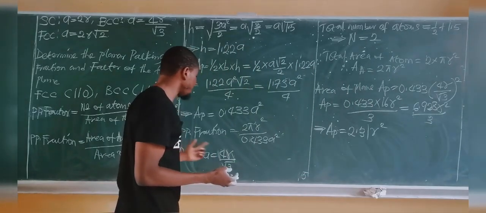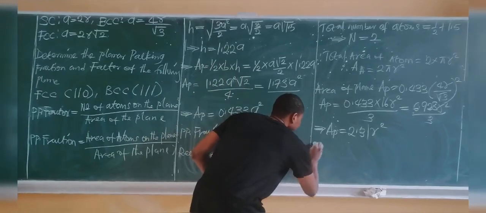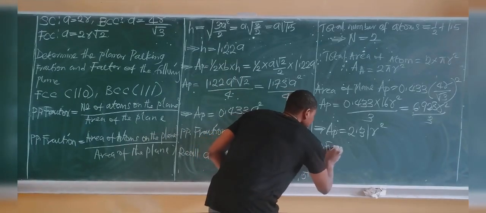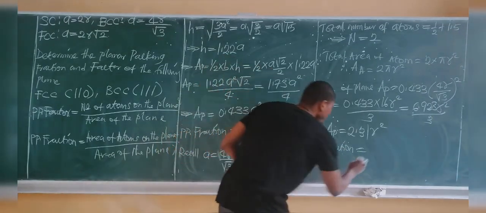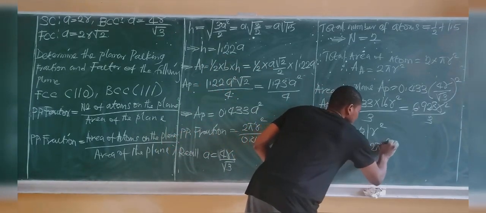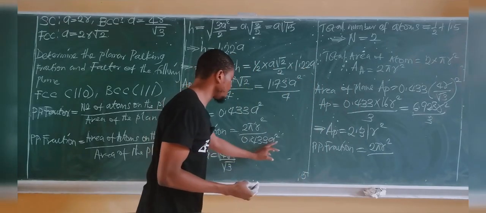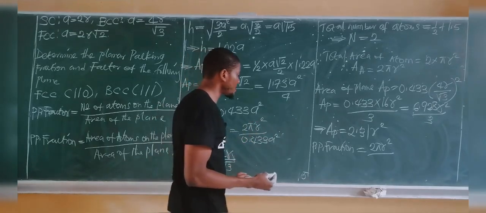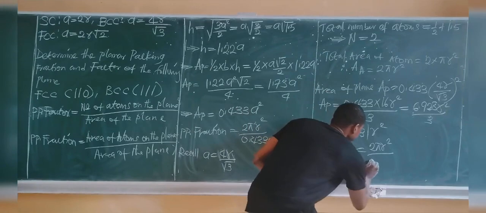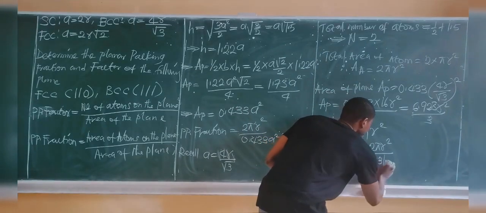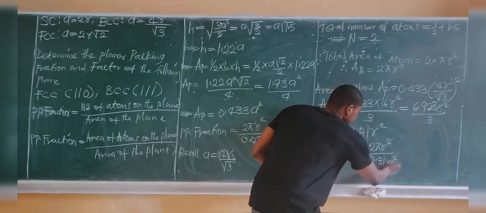So it means that the planar packing fraction, okay, we can rewrite this now as the planar packing fraction is now equal to 2 pi r squared all over the area of the plane. Okay, we had it here to be 0.433 a squared, and we'll use the area of the plane in terms of radius now, which is 2.31 r all squared. So from here, r squared cancels r squared.